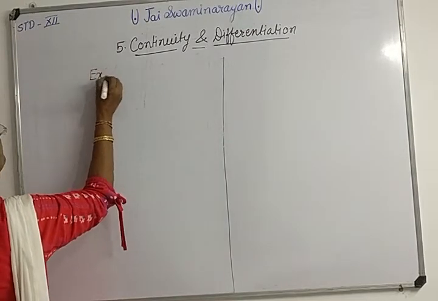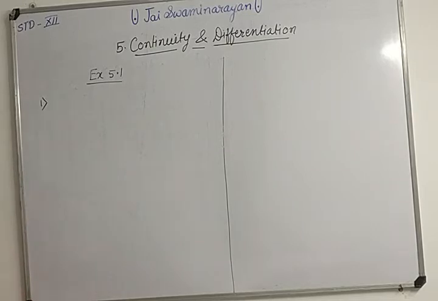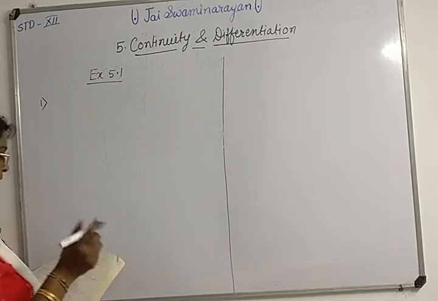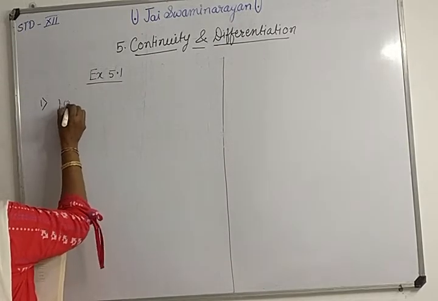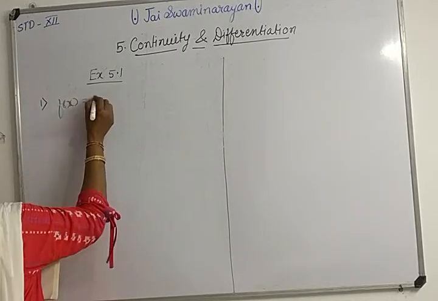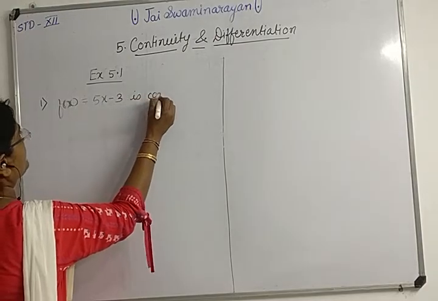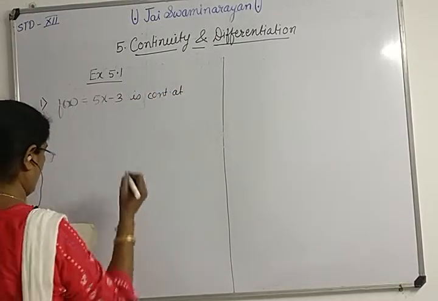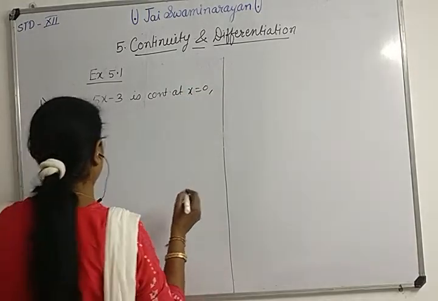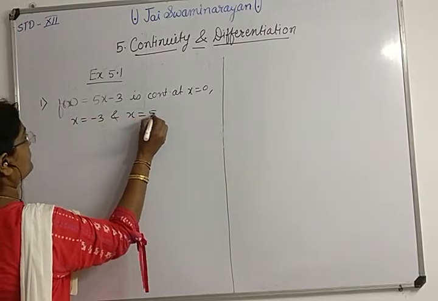Question number one: prove that the function f of x equal to 5x minus 3 is continuous at x equal to 0, x equal to minus 3 and x equal to 5.